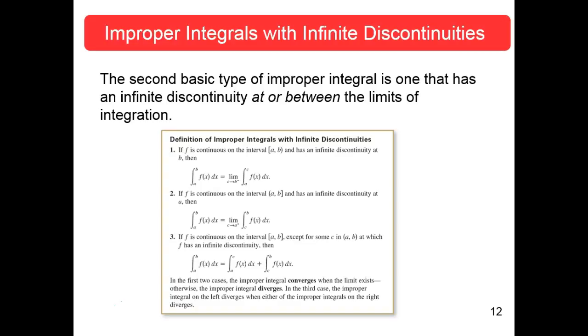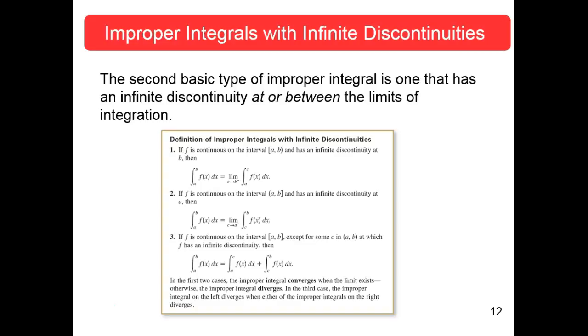Okay, what if you have infinite discontinuities? Well, here are the rules for that. In this case, if f is continuous on an interval from a to b and has an infinite discontinuity at b, so it is continuous including a but not including b, then you can replace the b with some c and let c approach b only from the left.